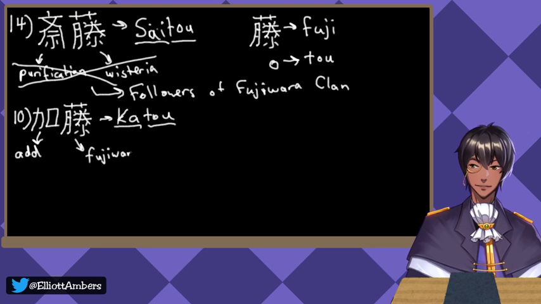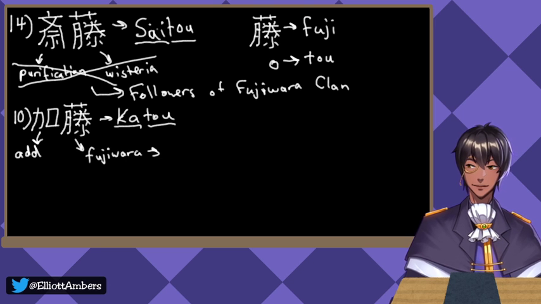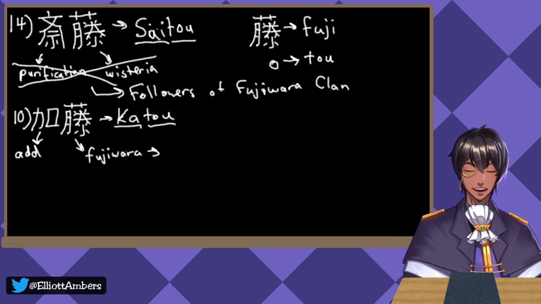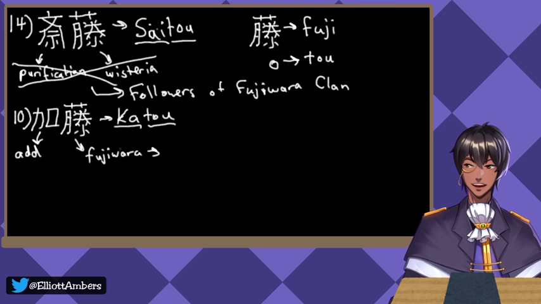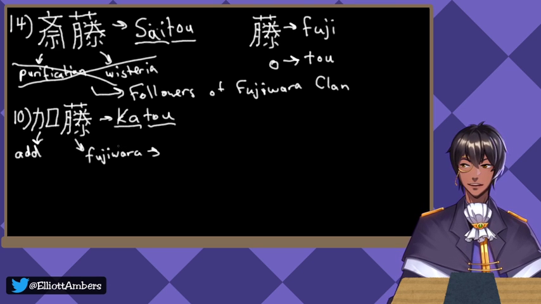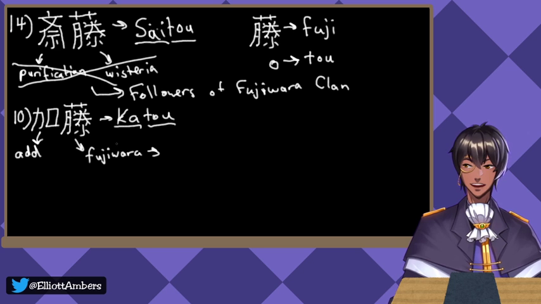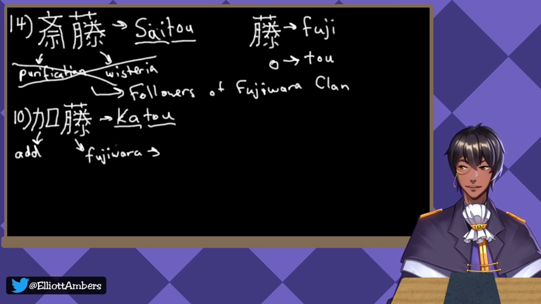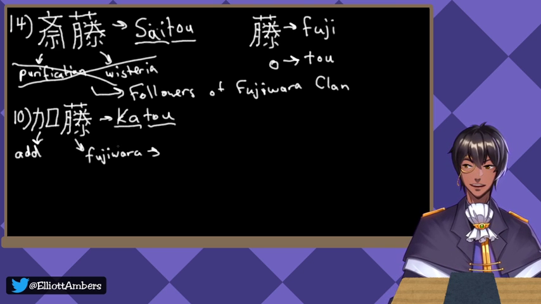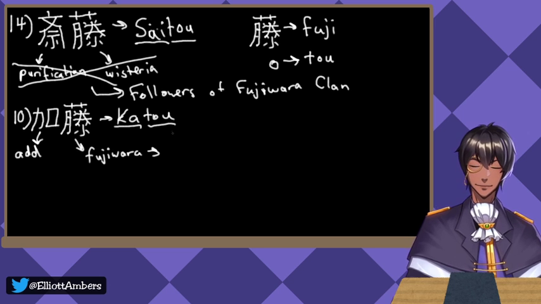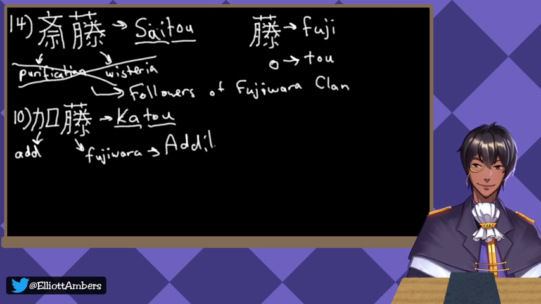The history behind this name was that they were a sort of faction that was separate from them, but then essentially joined together with the Fujiwara clan back during that time period. So essentially it's the addition to the Fujiwara clan.